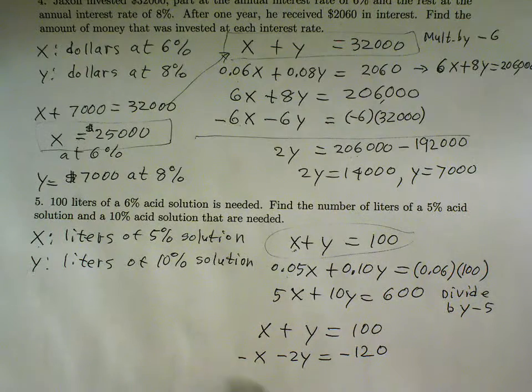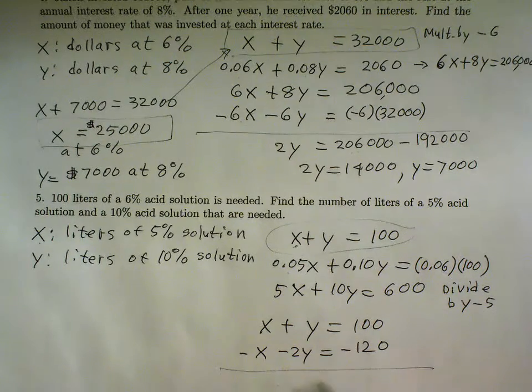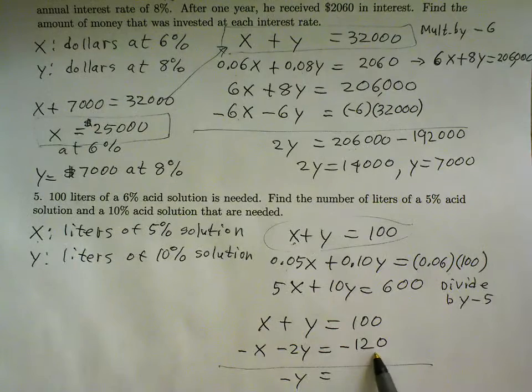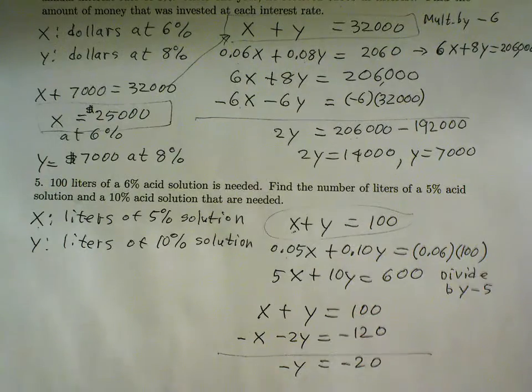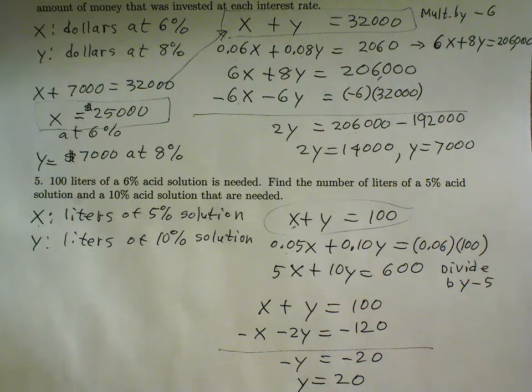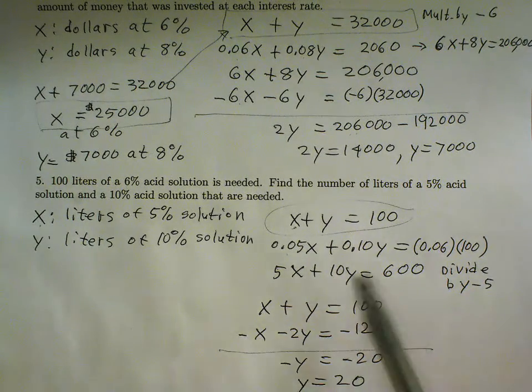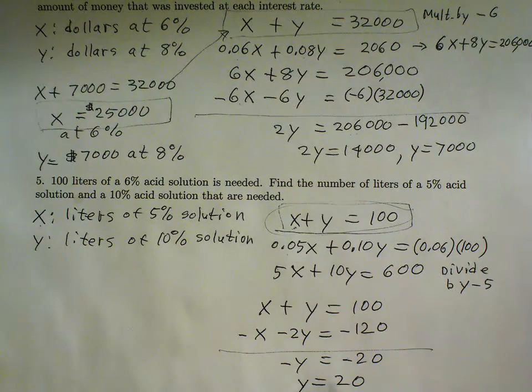And then when we add these equations, the x is eliminated. Y plus -2y is -y. 100 plus -120 is -20. And so positive y is +20. And then since x plus y is 100, we can see that x equals 80.